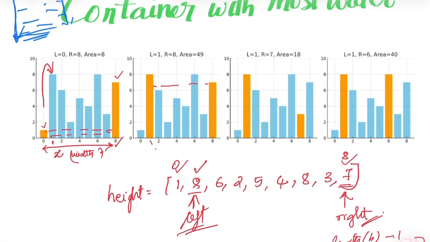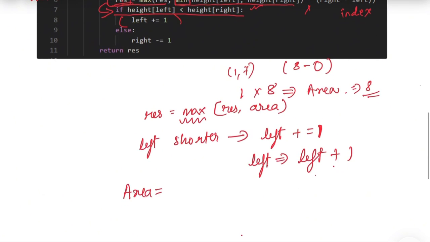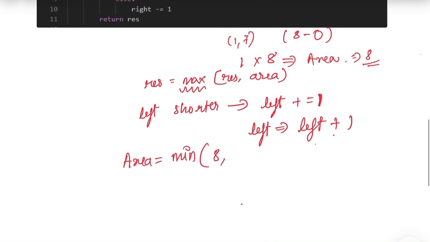Okay, so this will be the length till here, and then this will be the width. So what's the height again? The minimum of the heights 8 and 7. 8, 7.